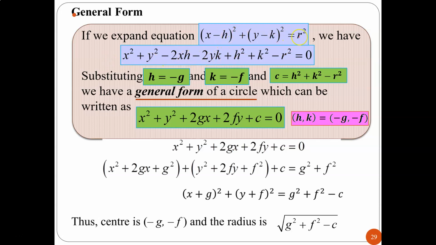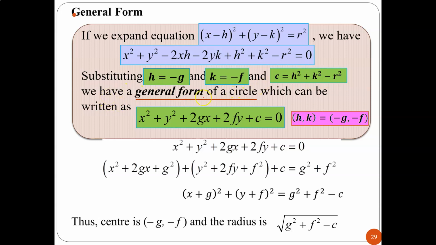Bila you square kan, buka bracket tu, you get this whole thing. So, we're going to substitute h equal to negative g and k equal to negative f. Yang h dengan k tadi, dia dah bertukar jadi negative g and negative f. So you will have c equal to h square plus k square minus r square.